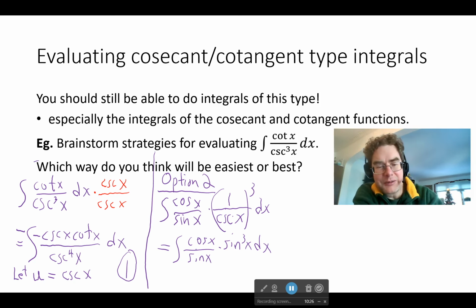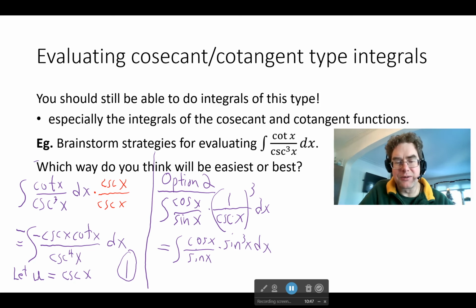Okay, well, I'm going to go for option 2, because if I am aiming for simplicity, which is often a good thing to aim for when doing integrals, I think that the sine cosine situation is going to be a little more familiar, a little nicer to deal with. So let's take this onto a different screen.